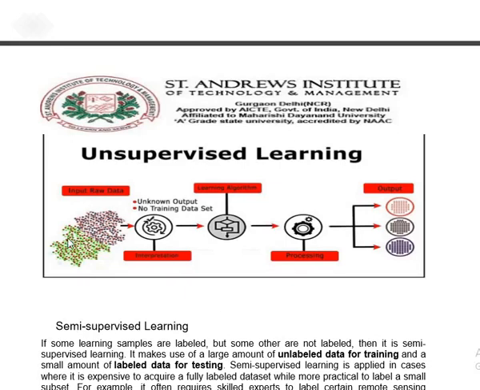Let's say this diagram shows the unsupervised learning method. The input raw data is taken, the output pattern is not known to us, that is unknown, and the training data set does not have any labeled part. Through interpretation, this data goes through different learning algorithms. After that, the clustering technique is applied, and finally we get the desirable result as different pattern analysis.